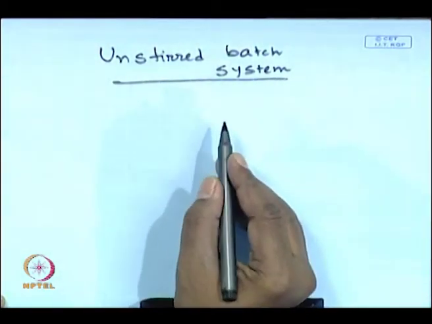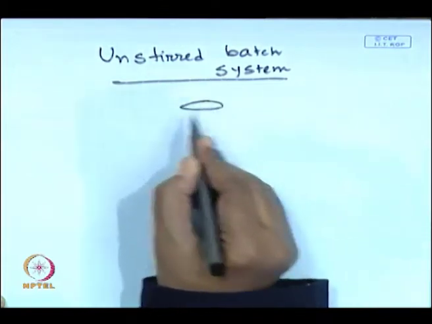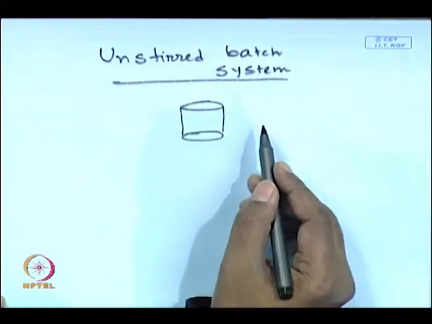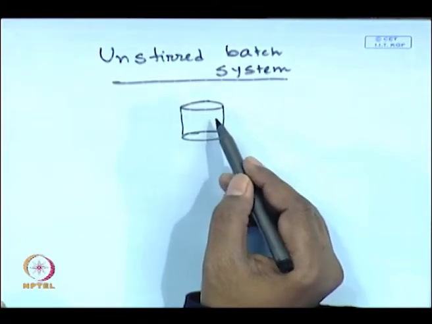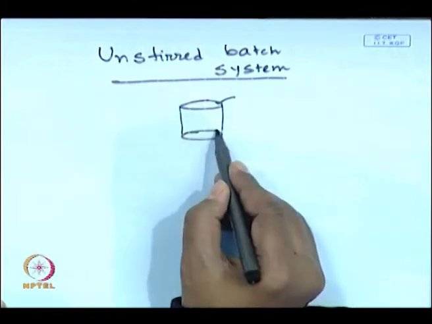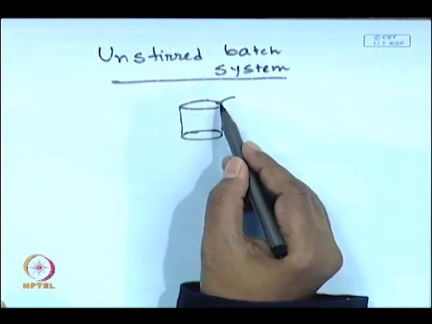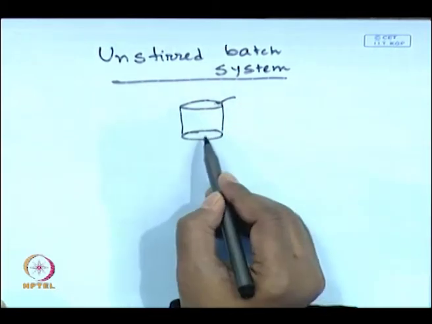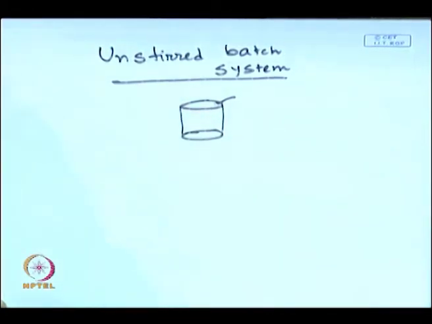What is an unstirred batch system? It is basically a small setup, it can be a large setup as well. There are in fact 3 flanges: a top flange, a cylindrical volume, and a bottom flange. The top and bottom flanges will be connected to the circular body, and in the bottom flange there will be concentric grooves.